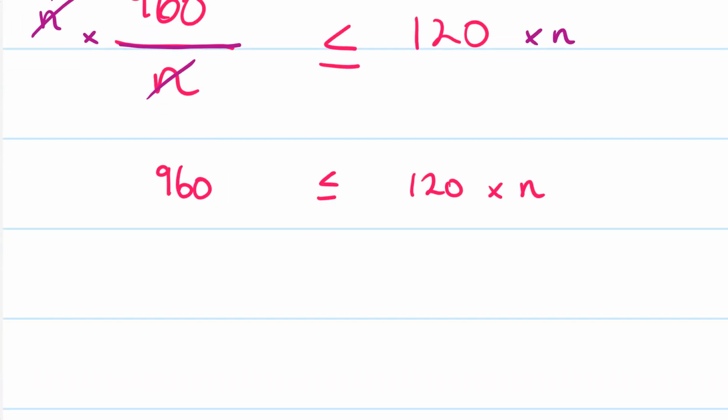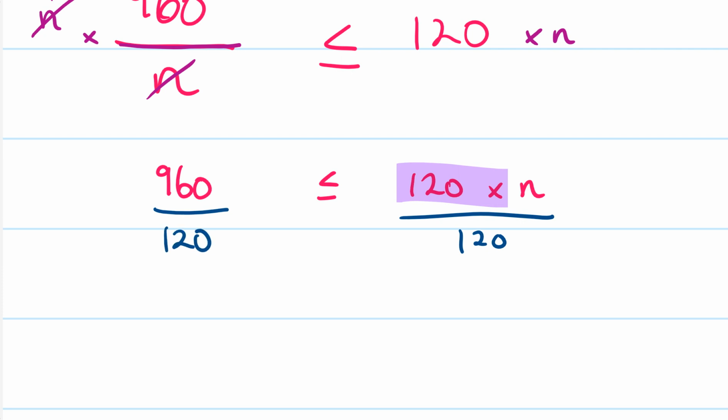But we do want just n. We don't want the 120 times n, so we need to get rid of this times 120. The inverse of times 120 is to divide by 120. Whatever you do to one side, you do to the other side.